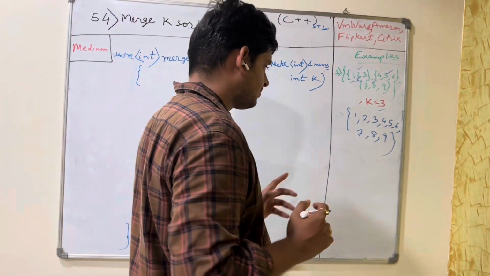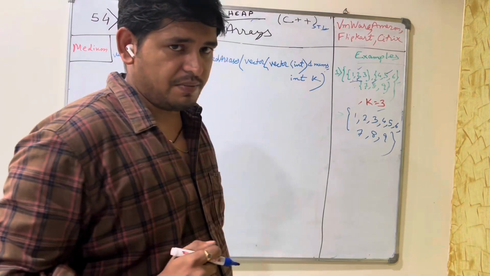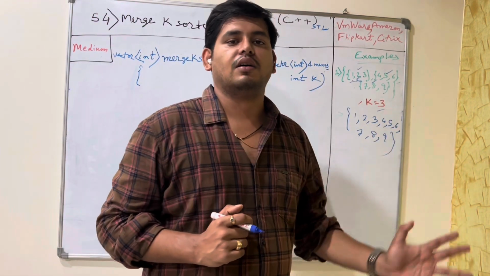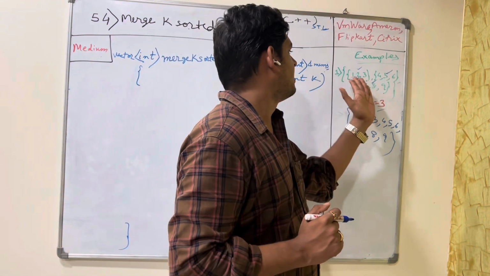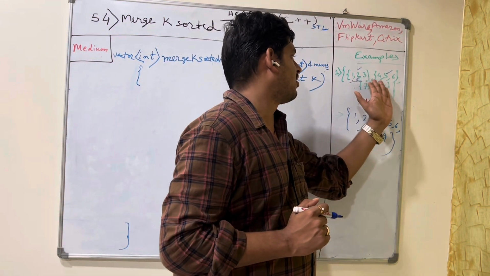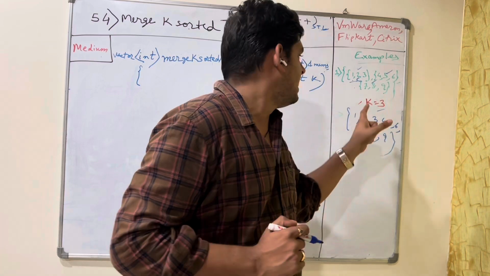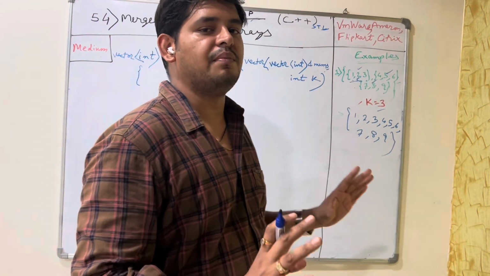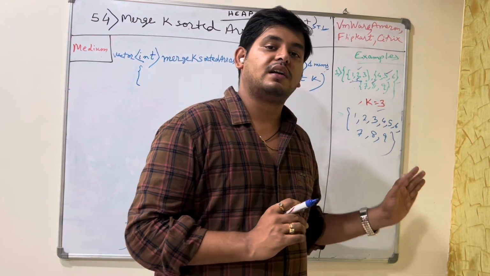But how do we optimize this? Since it is a 2D array, we need to traverse it in order of n square time. In this case, since there are k sorted arrays and the number of elements in each array is k, we'll be traversing it k square time. We can't help it. We have to traverse it that much.